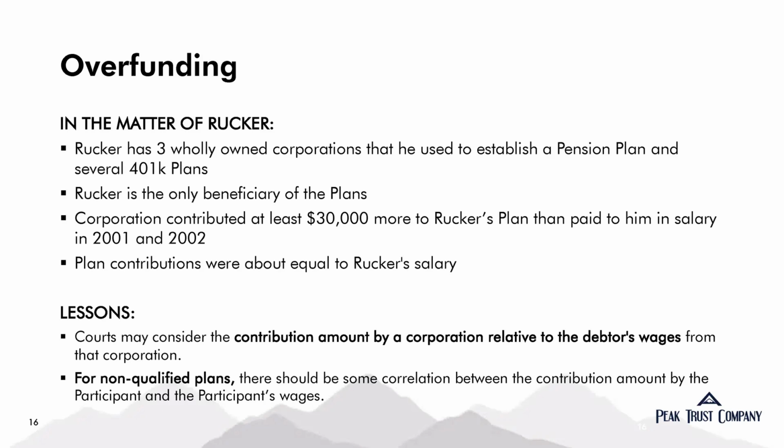In one case the corporation contributed at least $30,000 more to Rooker's plan than it paid him in salary in 2001 and 2002, and the plan contributions were equal to his salary. So Rooker willfully caused the plans to be, quote, overfunded by contributing in excess of the annual limits imposed by the IRS. The overfunding amount was about 20% of the total value of the plans.